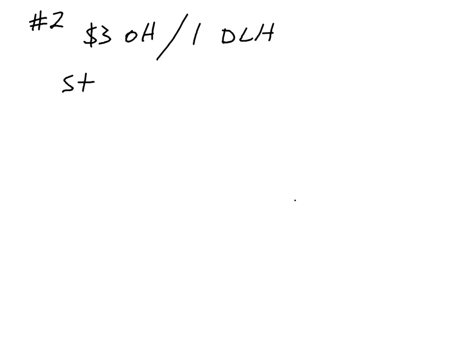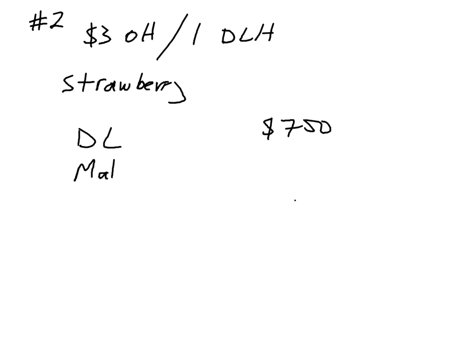So for strawberry, the fact pattern tells us that direct labor per 1,000 gallons is $750. The raw materials is $800. And then we're going to have to figure out how much overhead to put.